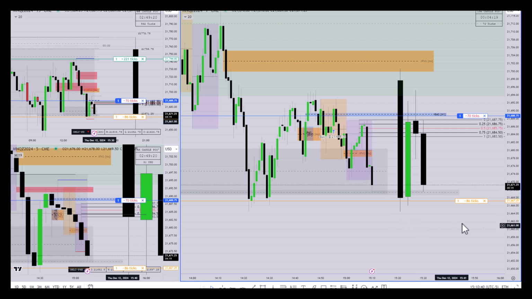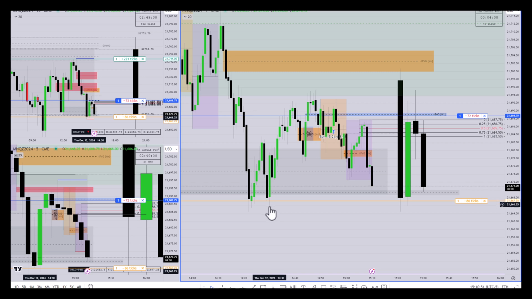I mean, it likes that area. Clearly. This is high resistance candle pair.